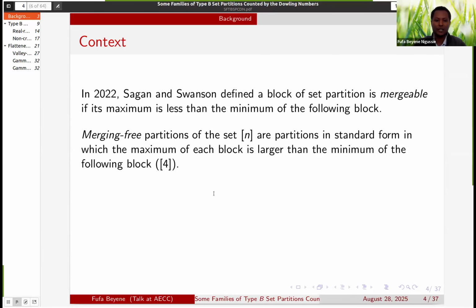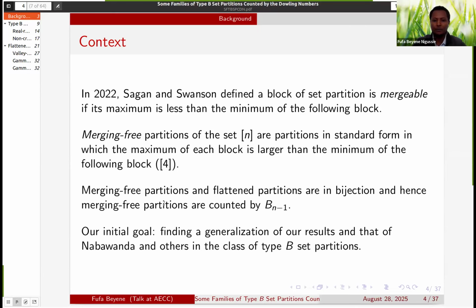They are in bijection. So we consider merging free partitions and flattened partitions that are in bijection. This gives us that merging free partitions are also counted by the shifted Bell numbers. So our goal in this work was to find a generalization of our previous results and those of Nabawanda and others in the class of type B set partitions.